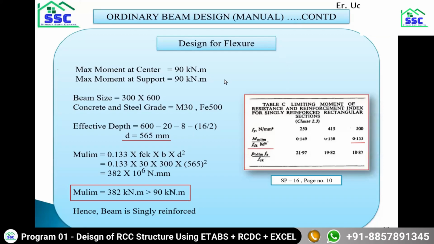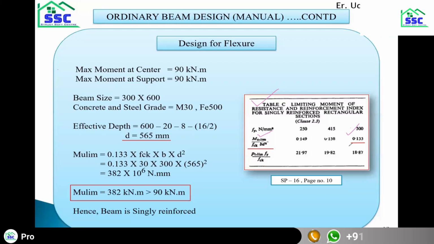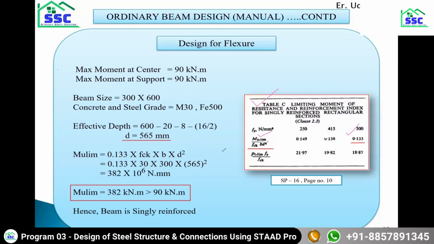I'll just take the pen. Here you can see this is table C of SP16, wherein the Mu limiting by fck bd square ratio is given for Fe 500 steel, which is nothing but 0.133.